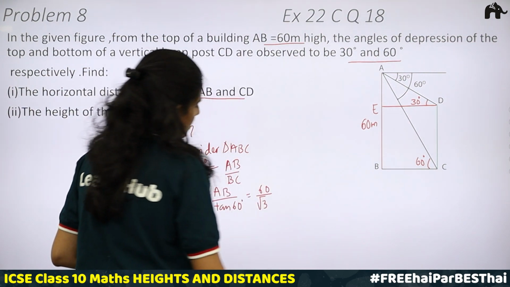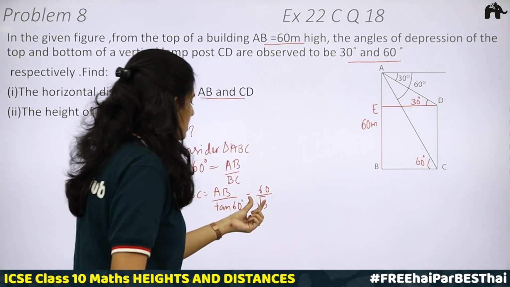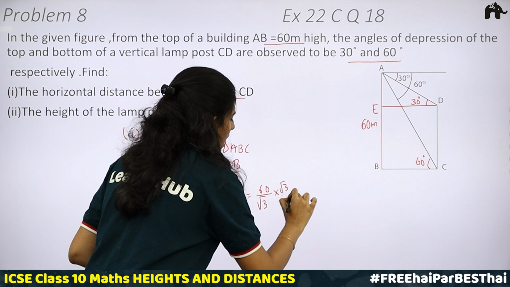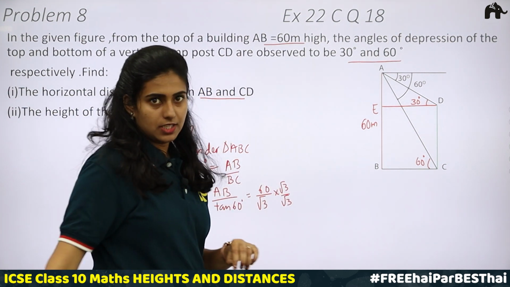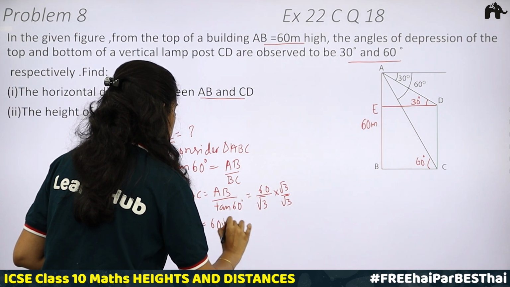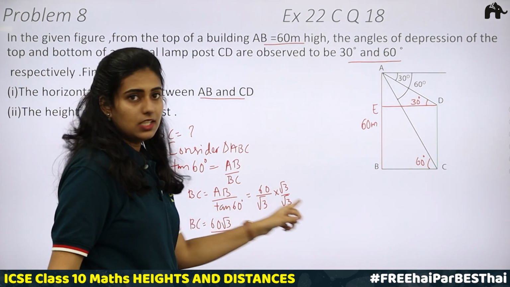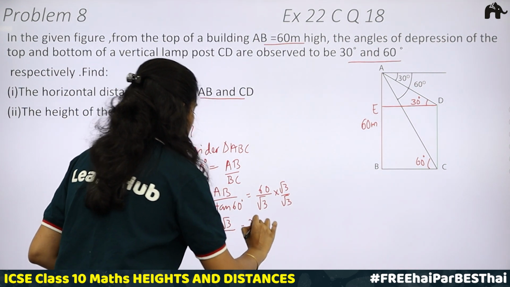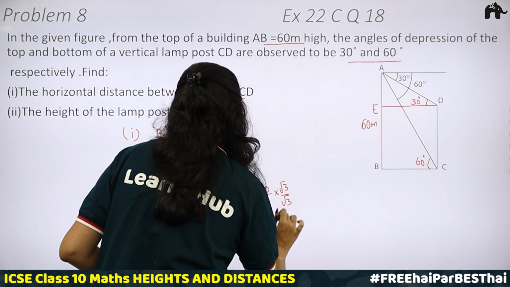Now here root 3 is in the denominator. So we multiply numerator and denominator with root 3. We get BC is equal to 60 root 3 divided by root 3 into root 3, which is 3. 60 by 3 is 20 root 3.